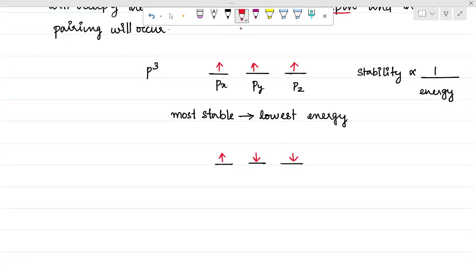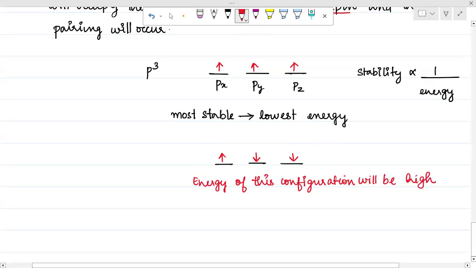This might exist, I'm not denying the existence of this particular configuration, but the energy of this configuration will be high. If energy is high, stability is lower.